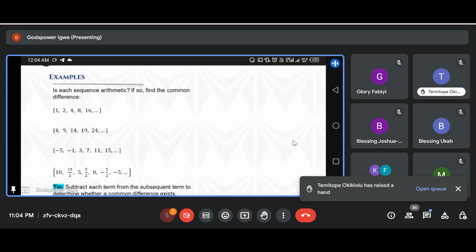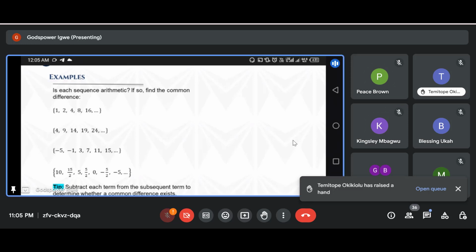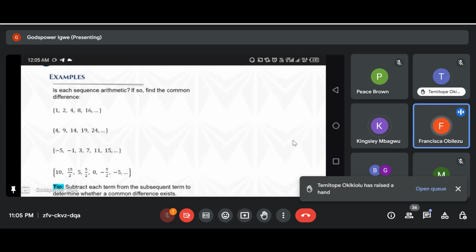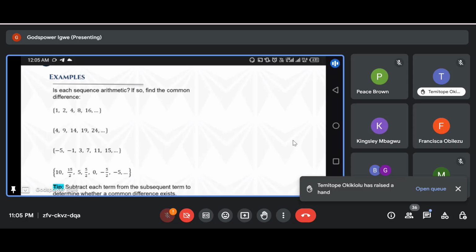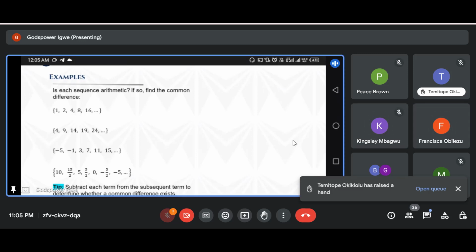Then 4, 9, 14, 19, 24 has a common difference of 5. The other one, minus 5, minus 1, 3, 7, 11, has a common difference of 4, plus 4 each time.